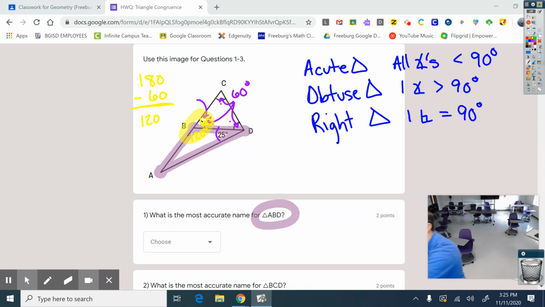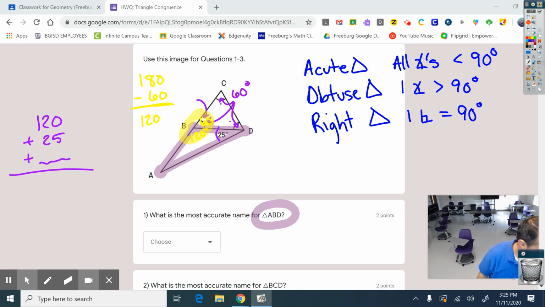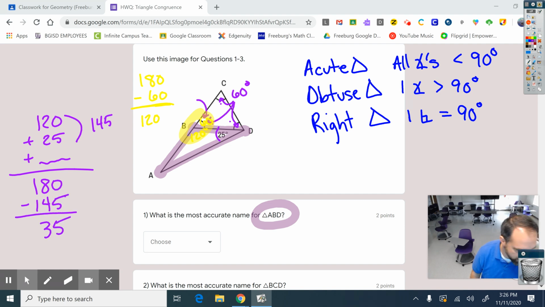And then with our triangle sum theorem, we know that the 120 plus the 25 plus something else is going to equal our 180 degrees. And so if we look at this 145 degrees we already have, we can take it away from our 180 and we'll be left with a total of 35 degrees for this remaining angle, okay?